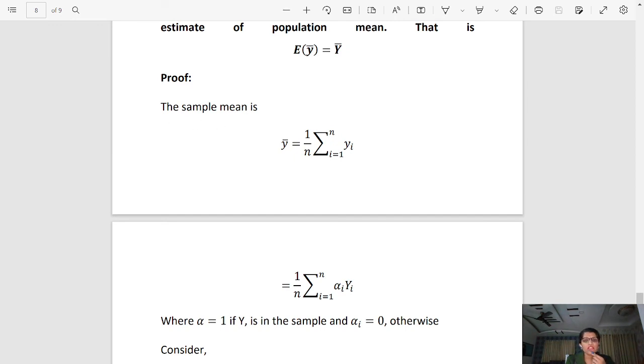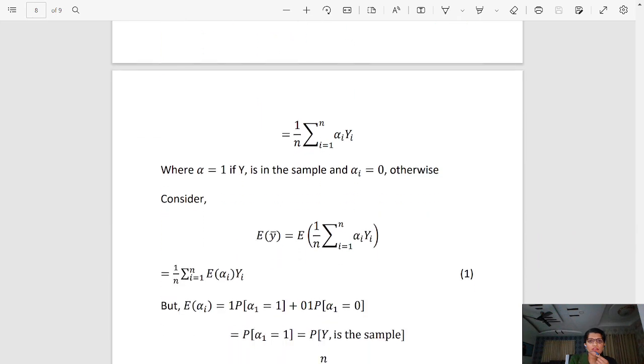The sample mean y bar is equal to 1 divided by n summation of yi. So summation of yi is written in the form of summation of alpha i yi. What is this alpha i? Where alpha i is equal to 1 if yi is in the sample and alpha i is equal to 0 otherwise.